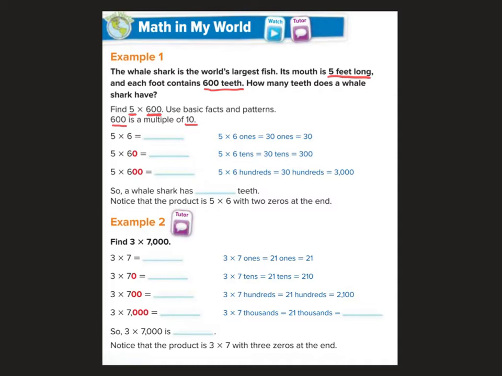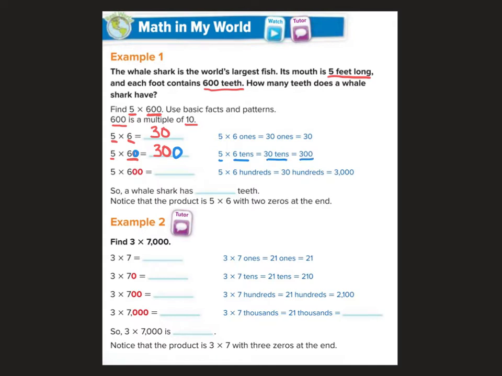Okay, so here's what we can do. I know that 5 times 6 is 30. So first we do 5 times 6 is 30. But because I have a 0 here, I need to put a 0 here. I could think of it as 5 times 6 tens is 30 tens, or 300.